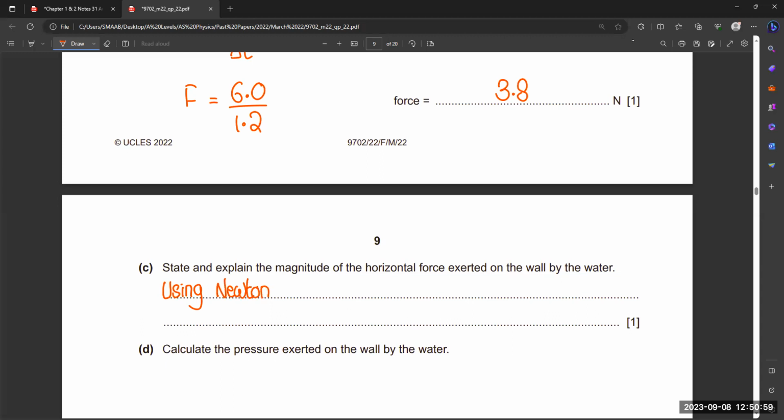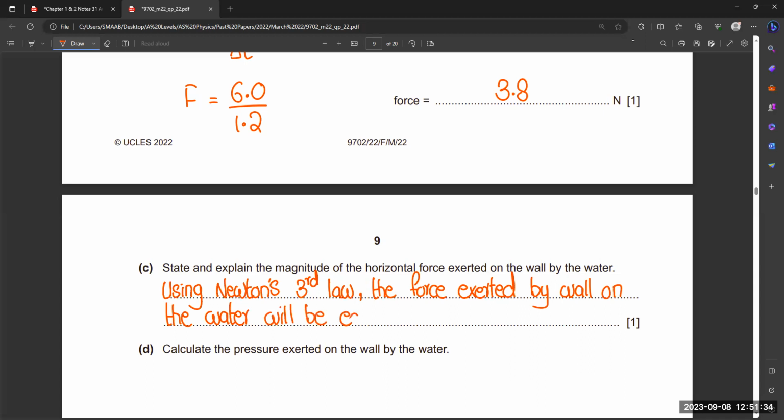Because they are not asking about the exact value, they are asking about the explanation.